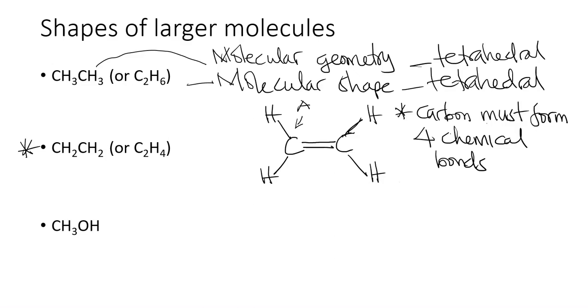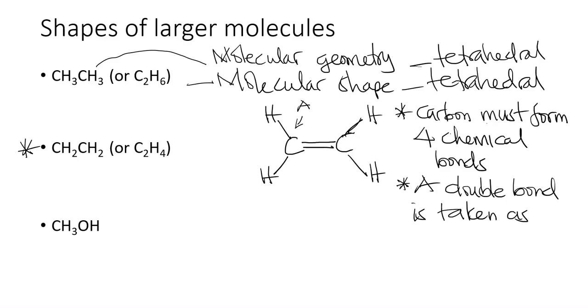An important point: a double bond is taken as one group of electrons. So if you see a double bond, you take it as one group of electrons.